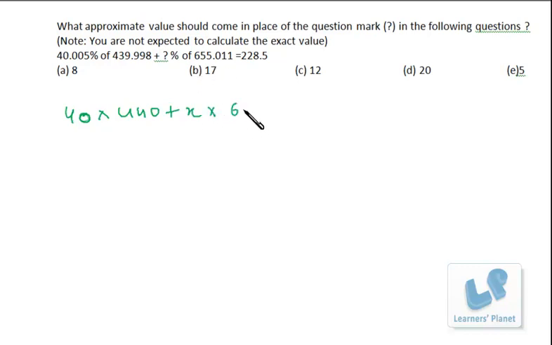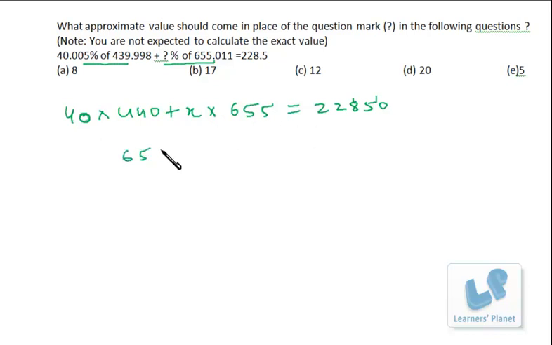I just take it as 655 only, doesn't matter, is equal to, see I'm removing the percentage sign from here, that means it is divided by 100, and the percentage sign is common between this and this, right? So in the entire case I'm getting 100 in the denominator, so this 100 will go this side to make it 22850, right? Now 40 into 440 plus 655x is 22850, right?